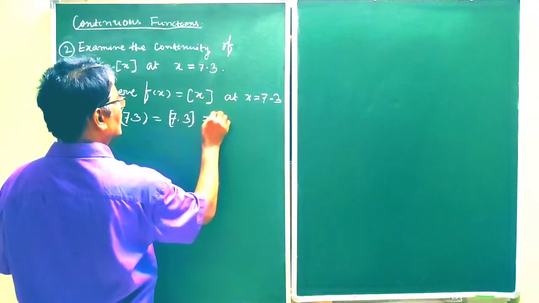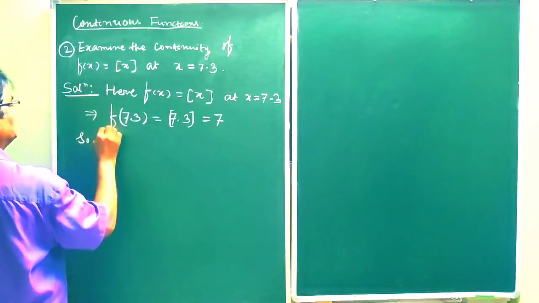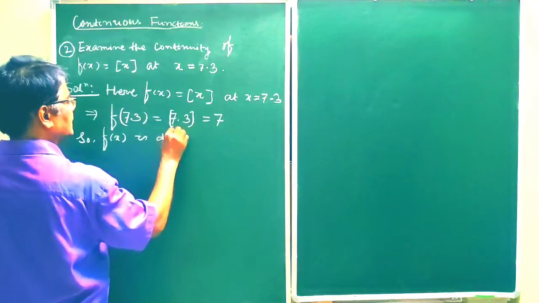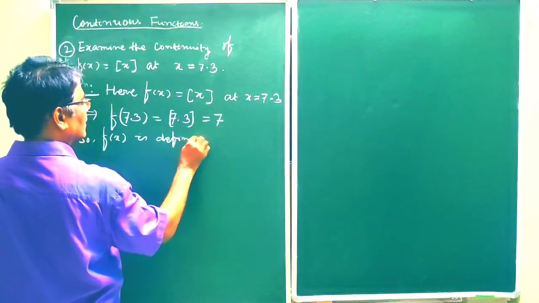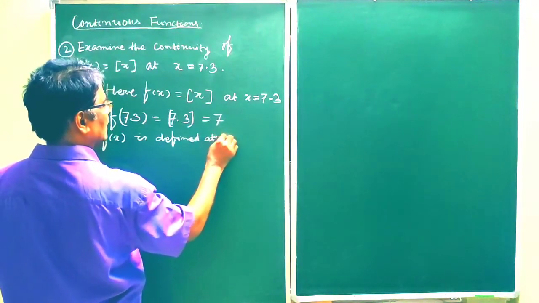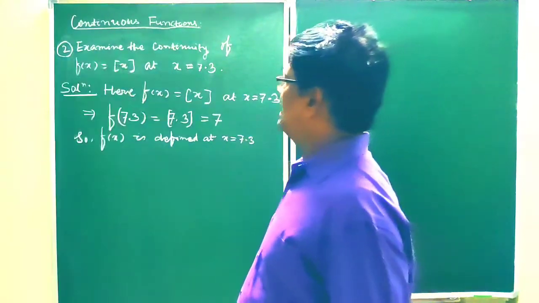So this is equal to 7. So f(x) is defined at x = 7.3.